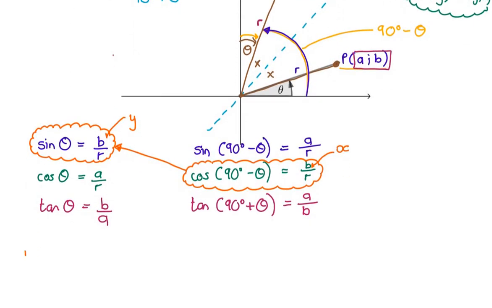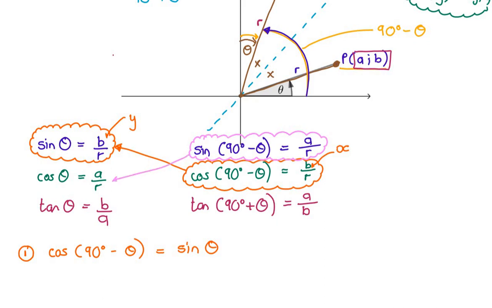So the first thing that I've noticed so far is if I'm doing the cos of this angle of 90 minus theta, it doesn't reduce to cos theta, it reduces to sine theta. So my name swaps. Now the other thing I notice, if I look at sine, so sine of 90 minus theta is a over r, and that's not the same as sine theta, but it is the same as cos theta.